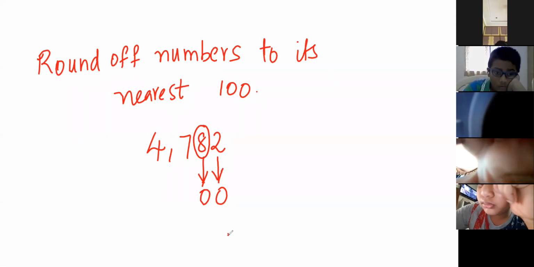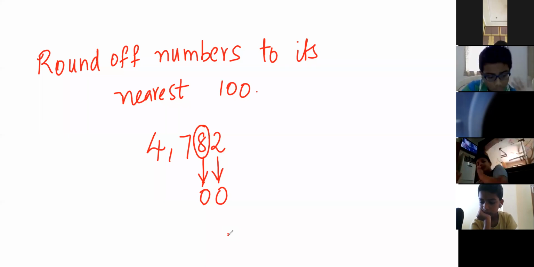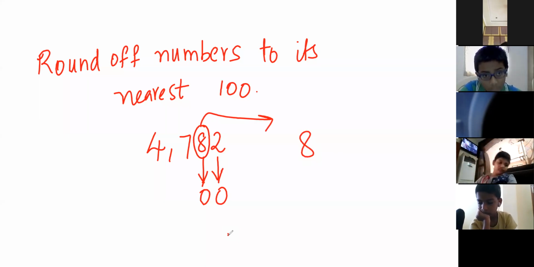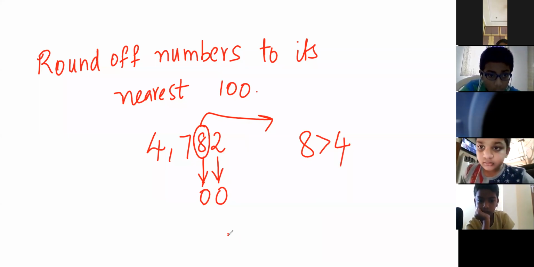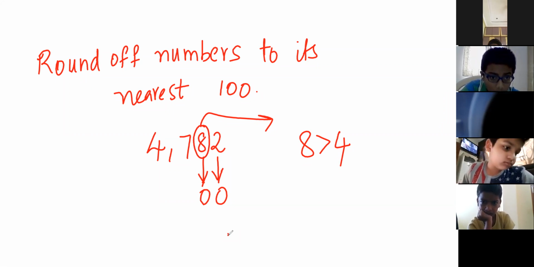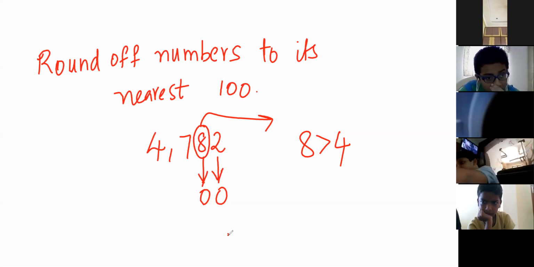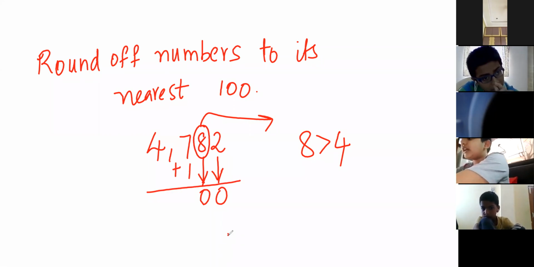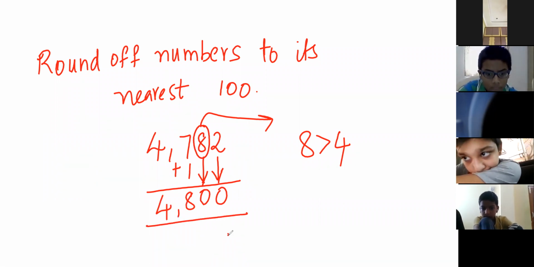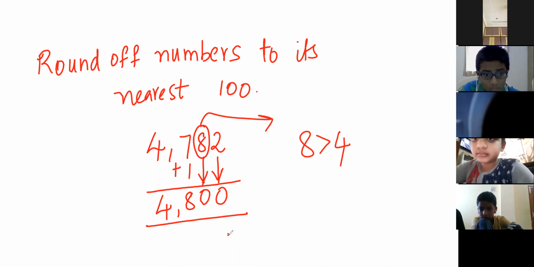In the same way, let us check this 8 also. 8 is greater than 4, right? If it is greater than 4, then immediately you add 1 to it in the hundreds place. So how much does it become? 4,800. Got it, children?